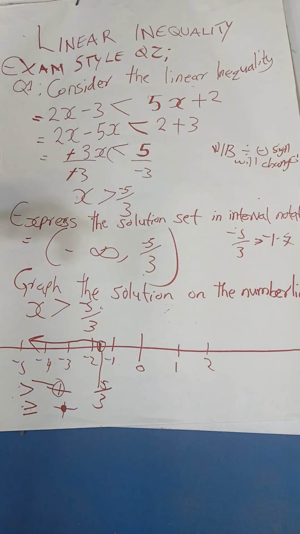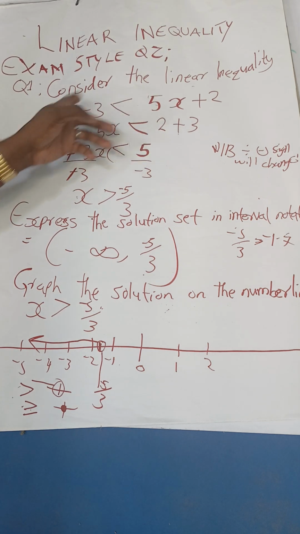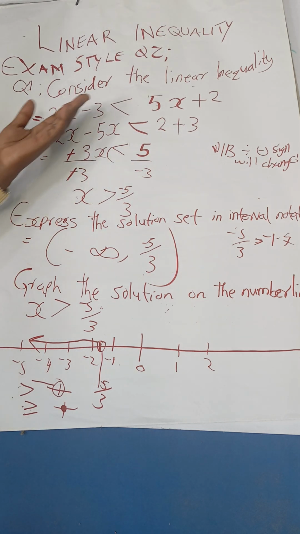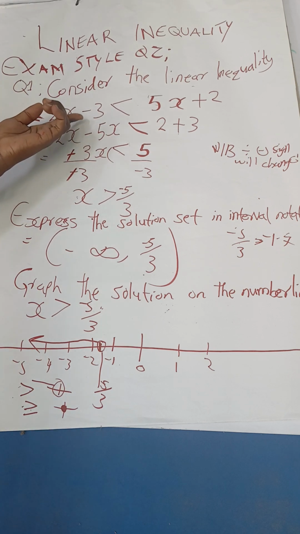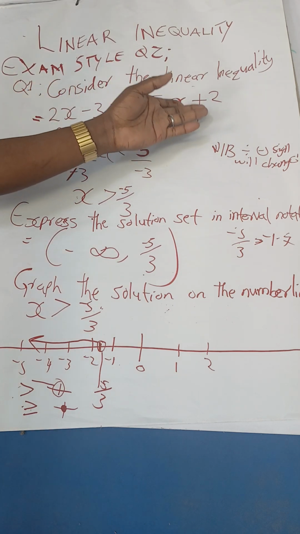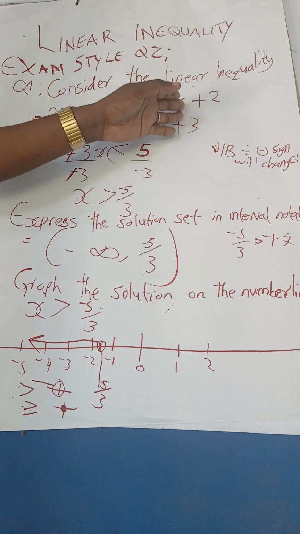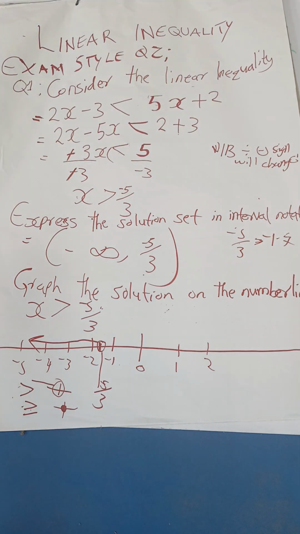But now we are going to solve one that has combined inequalities, where we can have less than or equal to on one side, and greater than or equal to on the other, or less than and greater than. Let's see how we can solve that and present the same solution on the number line.